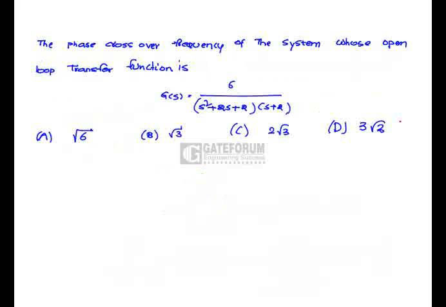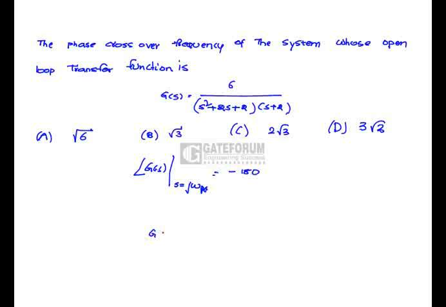Find the crossover frequency of a system whose open loop transfer function is given. Before we calculate it, we have to know what the phase crossover frequency is. Phase crossover frequency is the frequency at which the phase reaches minus 180 degrees. That is, the angle of G of S at S equals j omega pc is equal to minus 180 degrees.